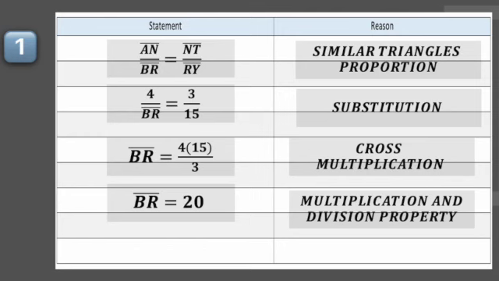Next, cross multiplication. Line segment BR equals 4 times 15 over 3. Then, multiplication and division property. So, line segment BR equals 20. How many of you got the correct answer? Next.